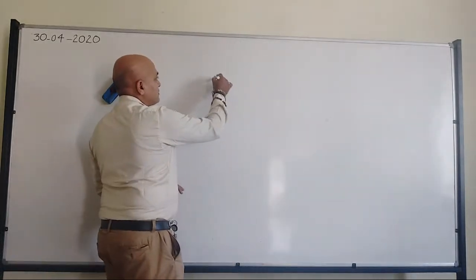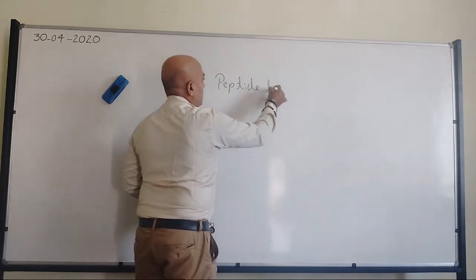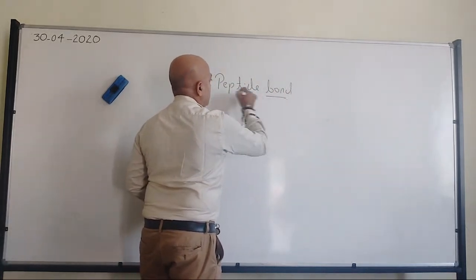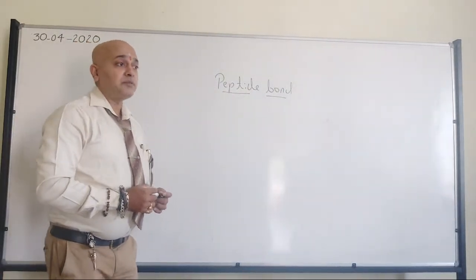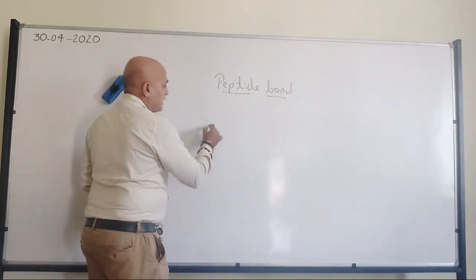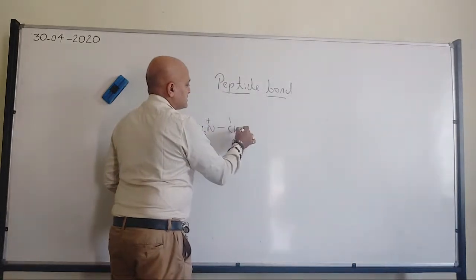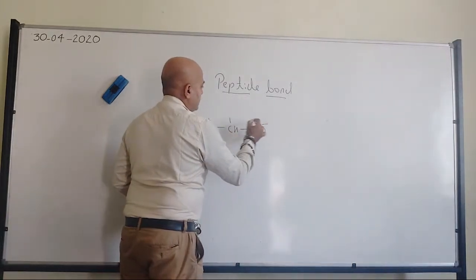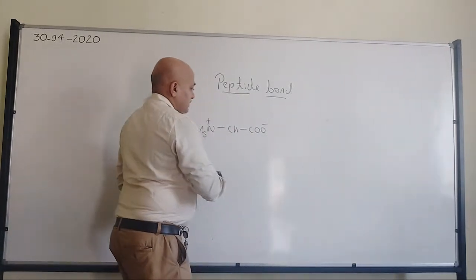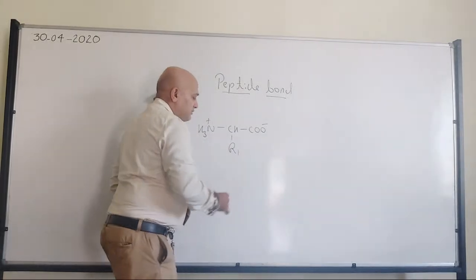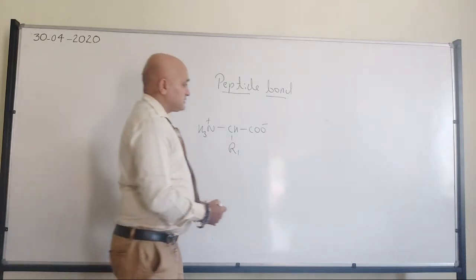So we have to discuss about the peptide bond. Now when I am talking about the peptide bond, for example, I have an amino acid. This is COO minus. I will consider this one as 1, so I have written it as R1 to indicate that this is the first amino acid.